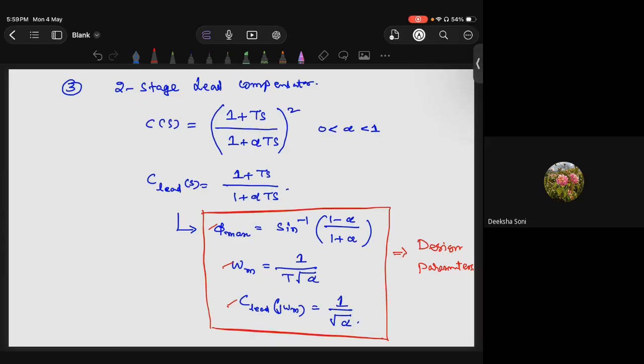Now since we have two identical stages, let me write it here.